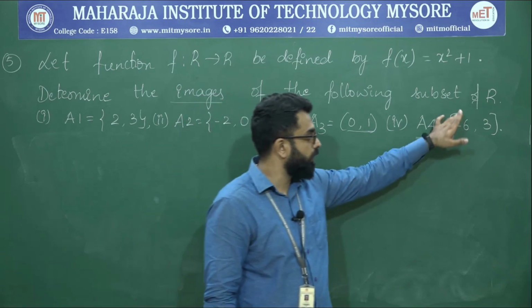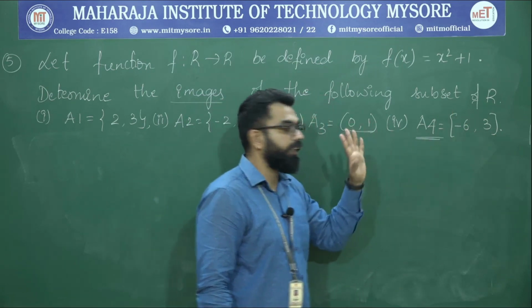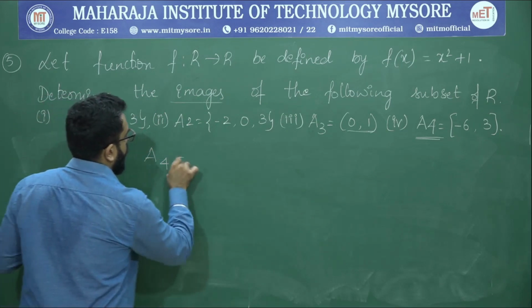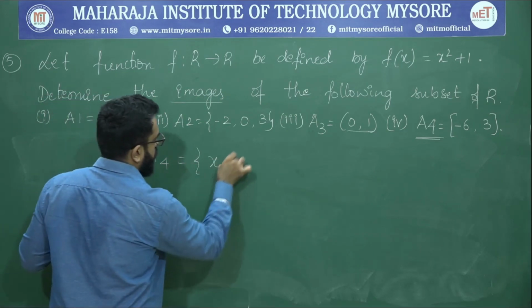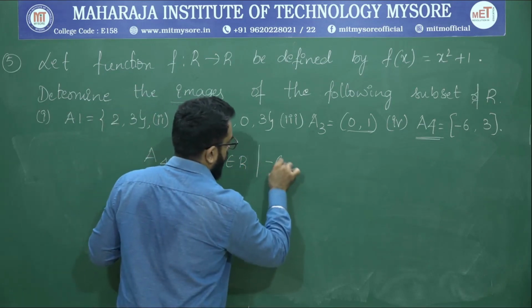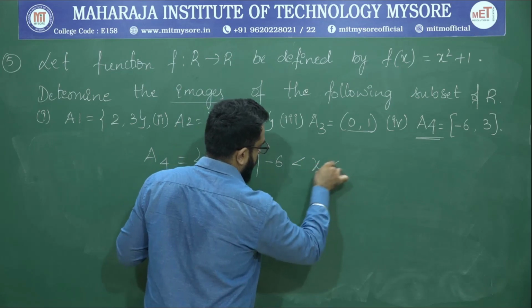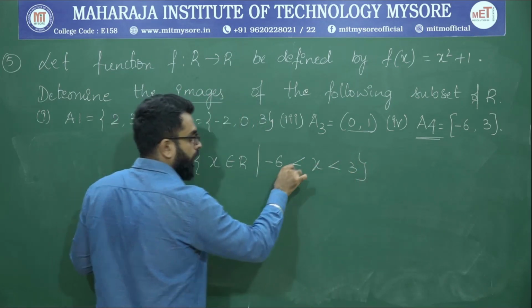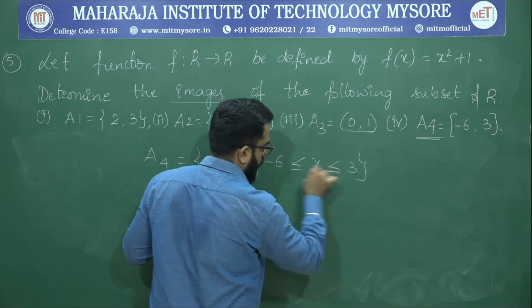The only difference is inclusiveness and exclusiveness. For example, I will just write A4 here. A4 is a set which consists of x that belongs to set R, where x lies between minus 6 and 3, but including that, okay.